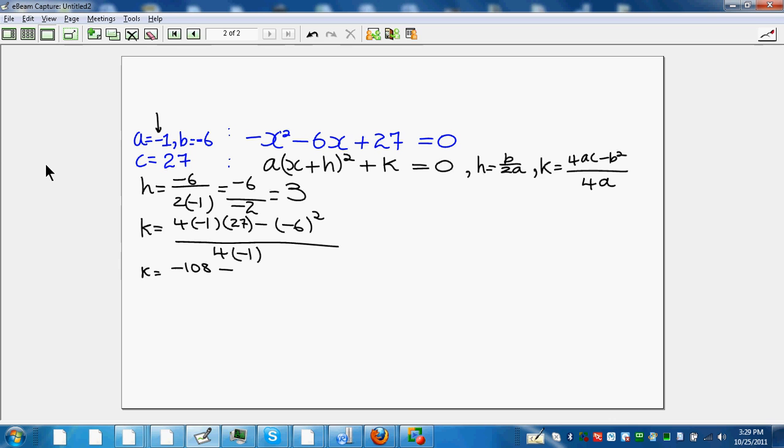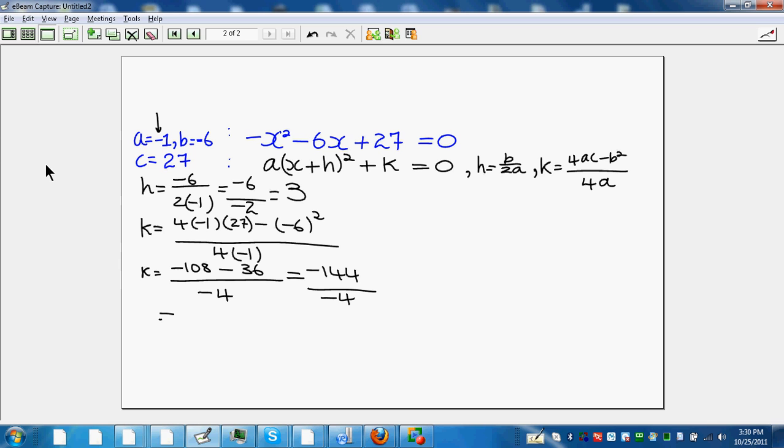Minus 6 squared is 36, so it will be minus 36, all over 4A, which will be minus 4, because 4 by minus 1 is minus 4. So this becomes minus 108 minus 36 is minus 144 over minus 4.